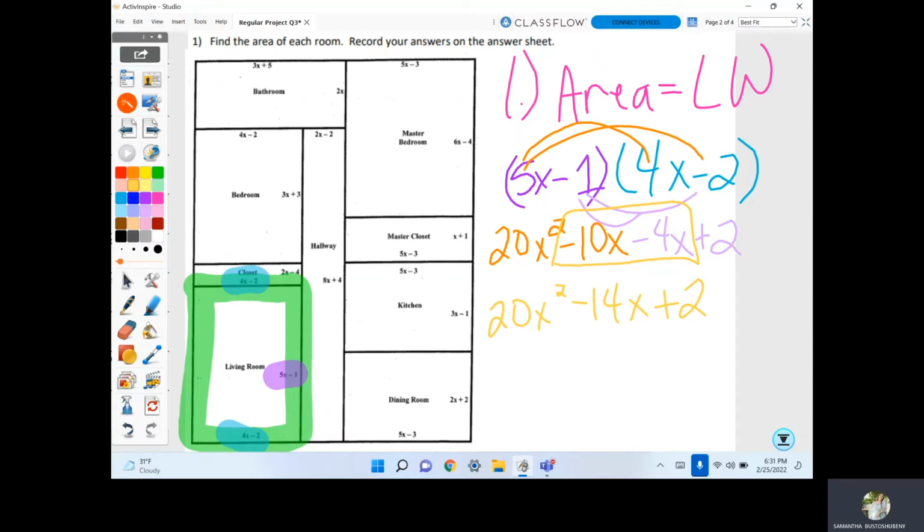That is the answer for 1A. So you will stop there and you will go to perimeter next. However, I'm going to go back and show how we can get the exact same answer using the box method.